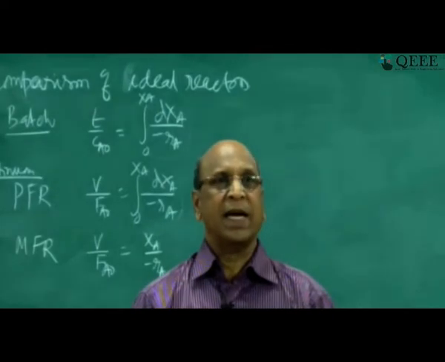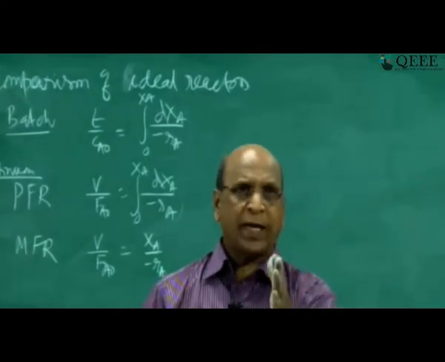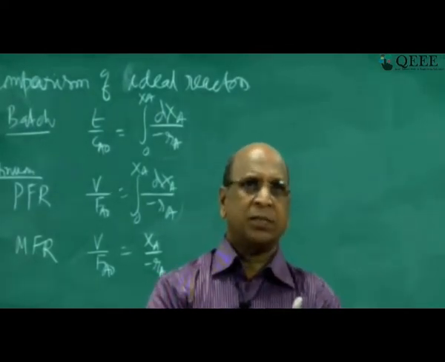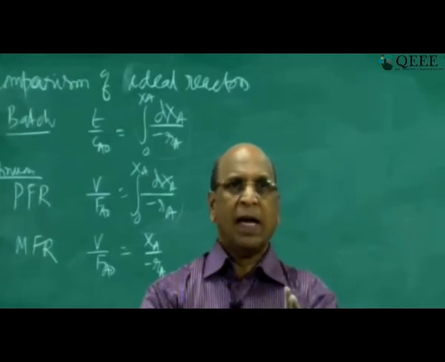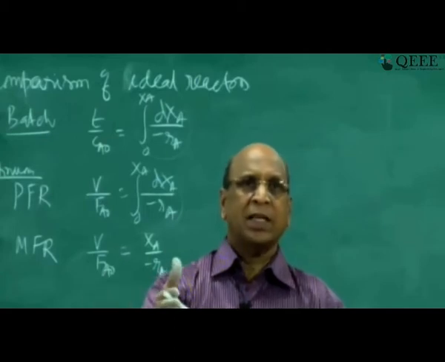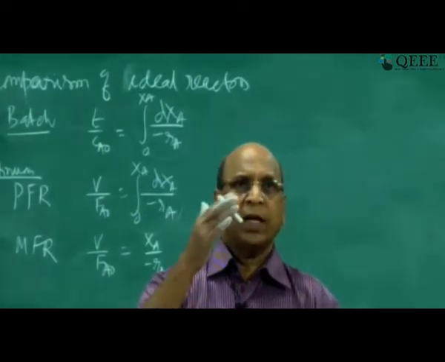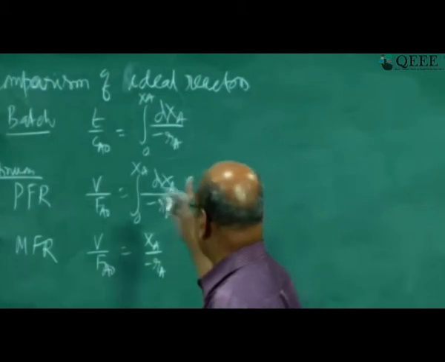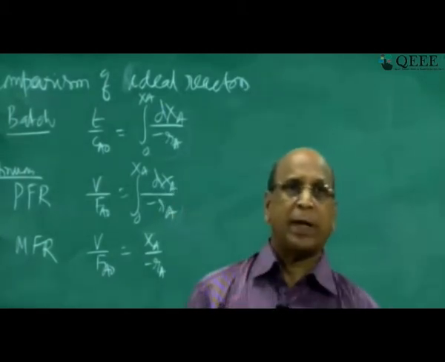Why? Because you are putting the reactants and then closing, and after closing you wait for 10 minutes. So each and every particle is also spending exactly the same time.